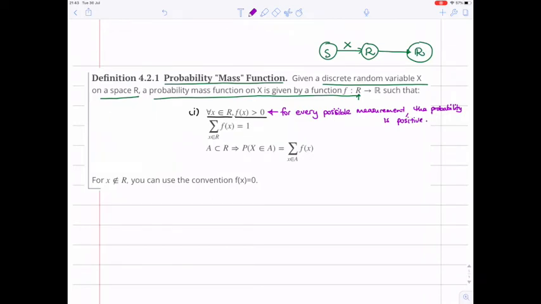All right. So every possible measurement that we could do has some positive probability of occurring.